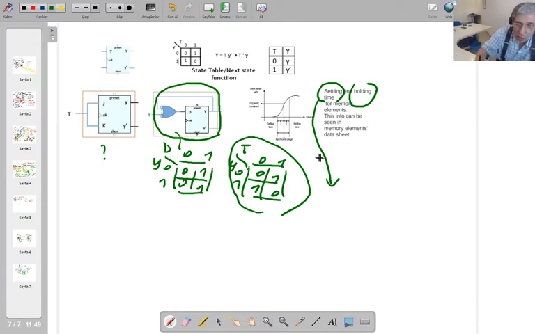So settling plus holding time, you shouldn't change your input, you shouldn't change your state, and you shouldn't change your clock edge in this time interval. There should be no change in the input and in the clock signal edge in this time interval.